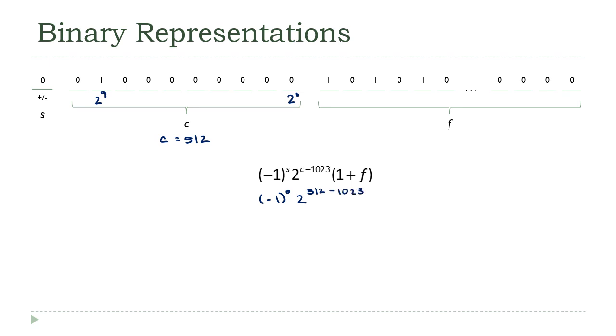What do we have here? This is 1/2 plus, that's 0 times 1/2 squared, plus 1 times 1/2 to the third, plus 0 times 1/2 to the fourth, plus 1 times 1/2 to the fifth, right?